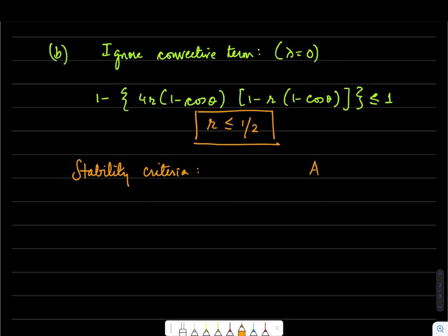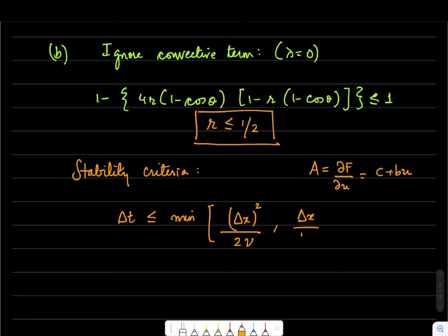Recall that we had said that A was df/du, which comes out to be c plus bu. So delta t could be thought of as less than or equal to the minimum of the conditions given by delta x square by 2 nu, or delta x by modulus of A.